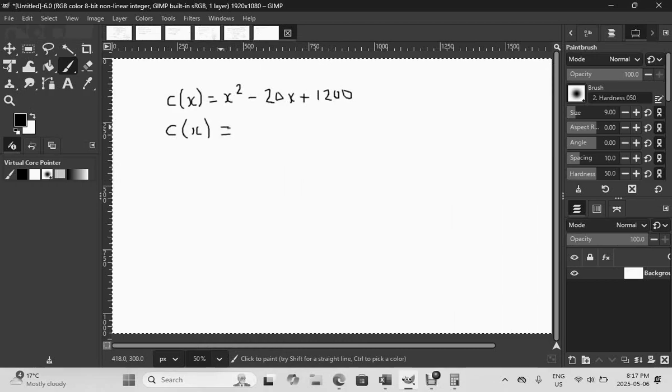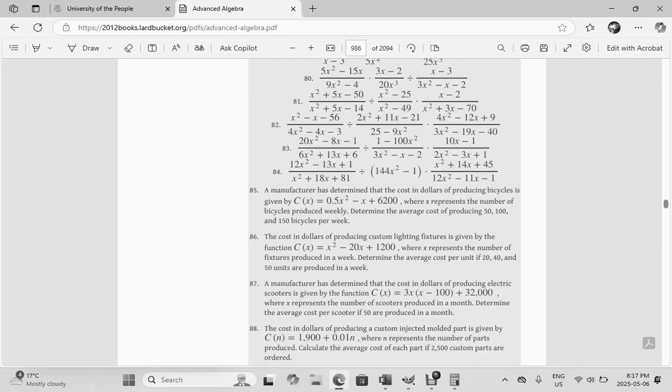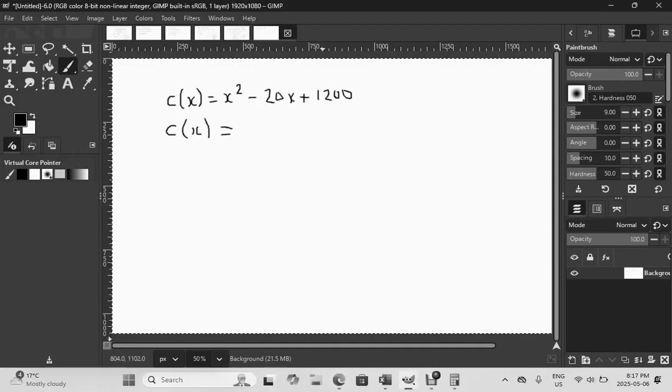This is for 20 lighting fixtures, so we'll do 20. C(20) is equal to 20² − 20 times 20 + 1,200.